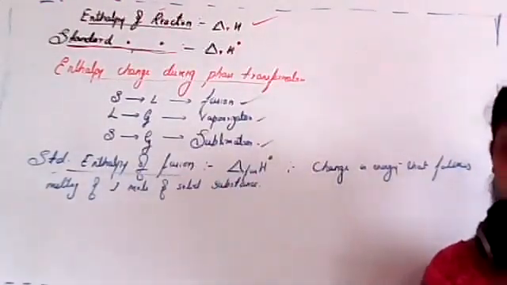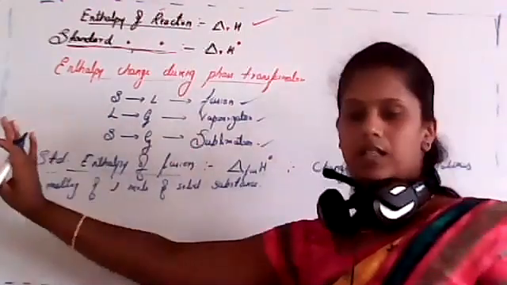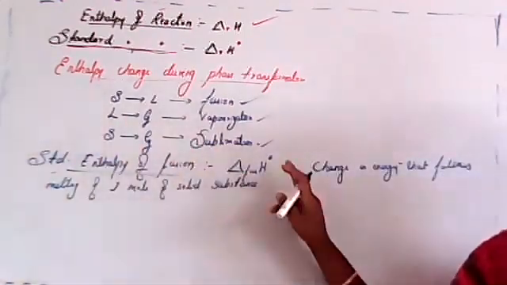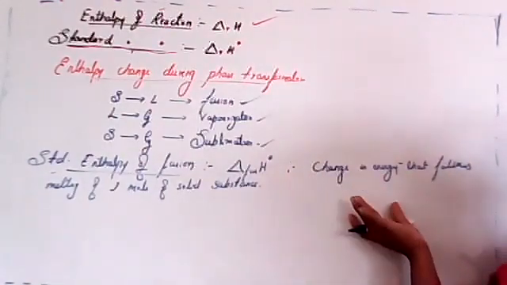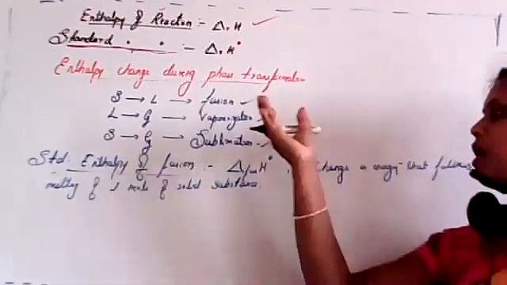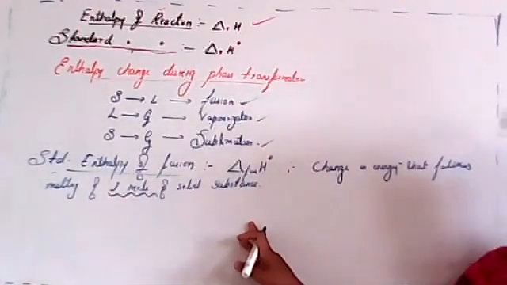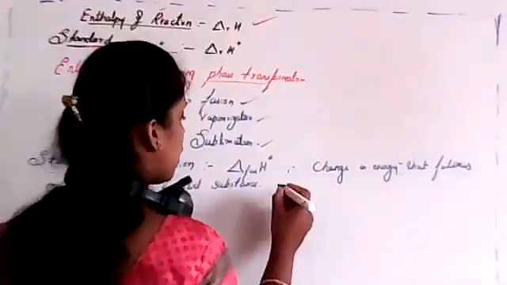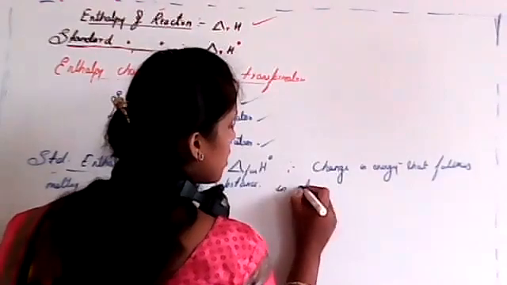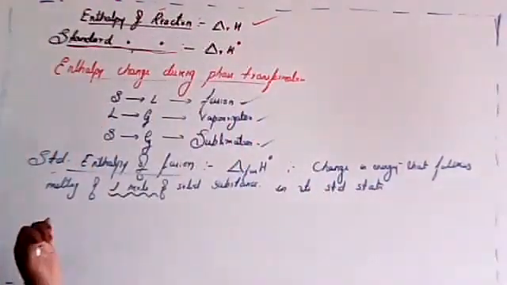Enthalpy of fusion. Is it clear, student? What do you mean by enthalpy of fusion? Standard enthalpy of fusion is the change in energy or change in enthalpy that follows melting of 1 mole of solid substance in its standard state. That is very important. You have to write in its standard state, it is known as enthalpy of fusion.